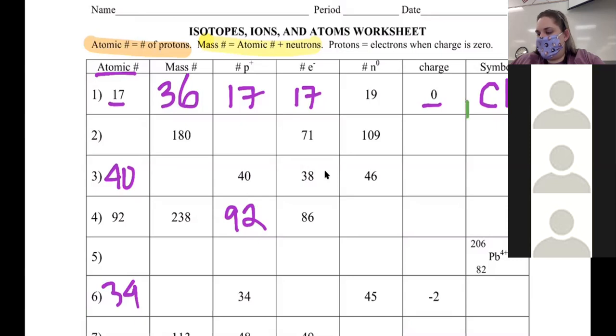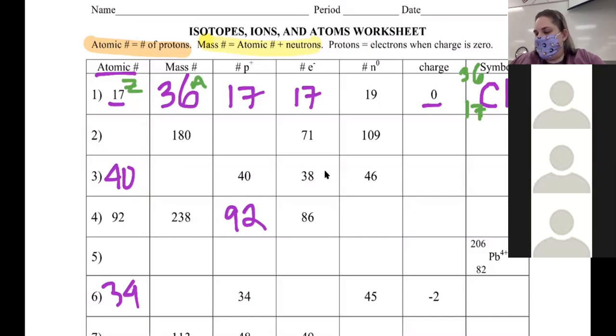Okay, Kelly says 17 on the bottom left, because that's my atomic number and that's where that goes. Remember, atomic number is the Z, mass number is the A from the notes. And so the mass number goes up here on top. So that's that 36. And then if there's a charge, we would put it up here. But this one, the charge is 0. So when the charge is 0, you don't write it. You only write it if it's a positive or negative number. Okay, so that's how that one would be done.